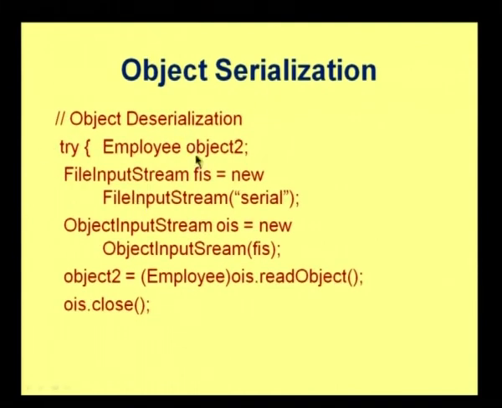Once I store that, I am trying to retrieve the contents back. This is your file input stream, then your object input stream, then your object. Here you can notice that with your object input stream, I am reading the object and typecasting it to Employee. So this object stream could be used only when you know what type of object is stored.